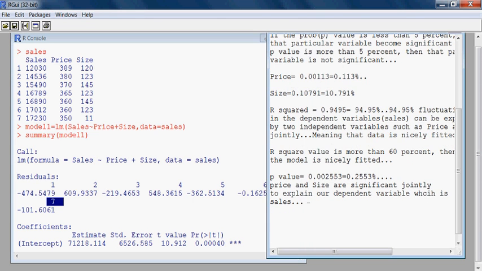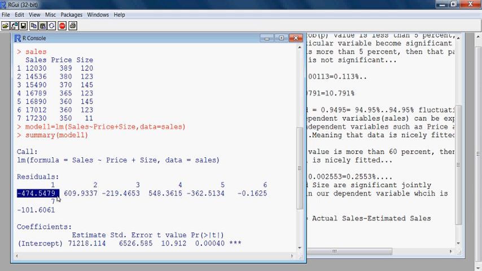The question is, what does it mean by residual? Residual means actual sales variable minus estimated sales variable, and that is called residual. Let's first talk about this one, minus 474.5479. So this is the actual sales 12030 minus estimated sales.